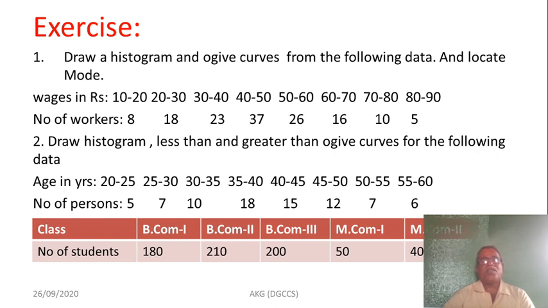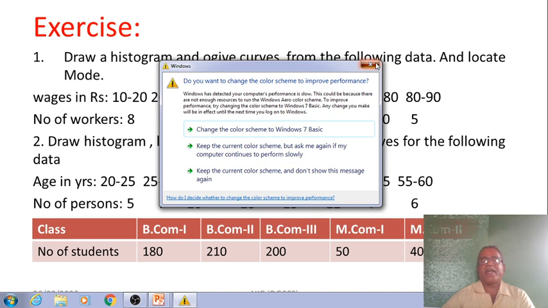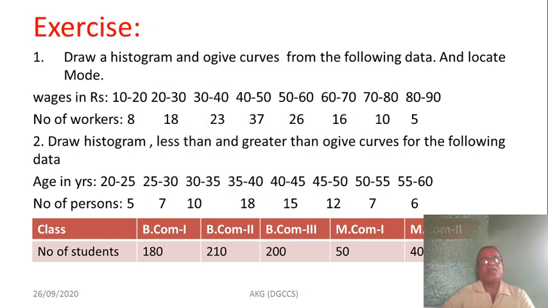And for ogive curves, if there is an unequal class width, there is no need to adjust the data for drawing the ogive curves. Directly prepare a column of the cumulative frequencies. If you want to draw the two ogives, prepare two columns of cumulative frequency.